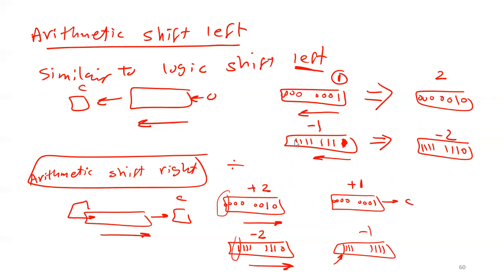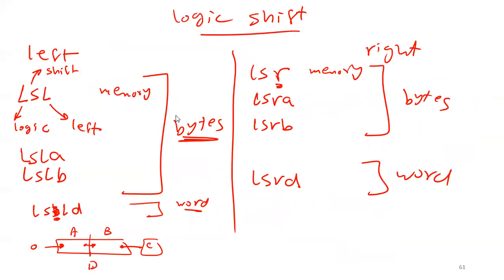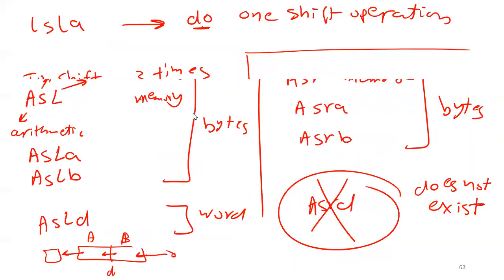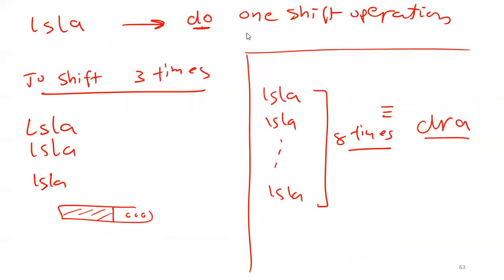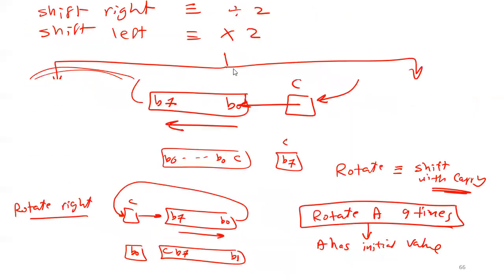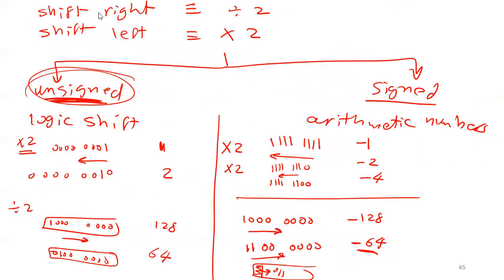Even if it is a minus number. So shift right, you divide by 2. Shift left, you multiply by 2. That's what I said. But if your numbers are unsigned, you have to use logic shift to multiply by 2 and divide by 2.